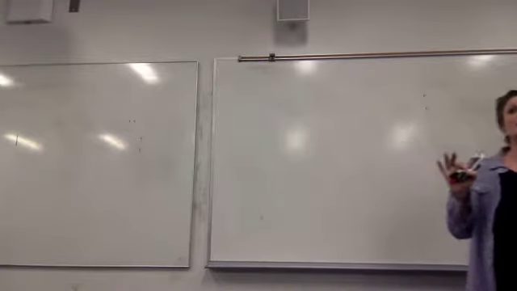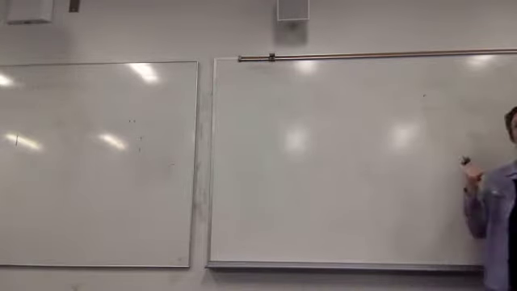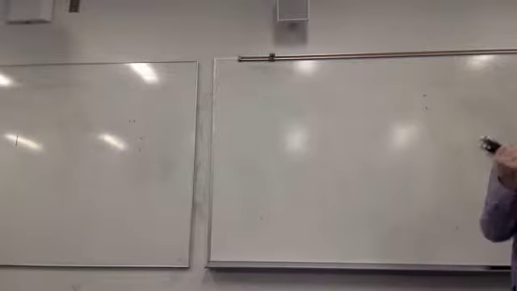In addition, don't forget on Canvas there are additional practice exercises. There are documents with additional practice, including proof completions. Okay, so what do I mean by that? Well, let me show you.